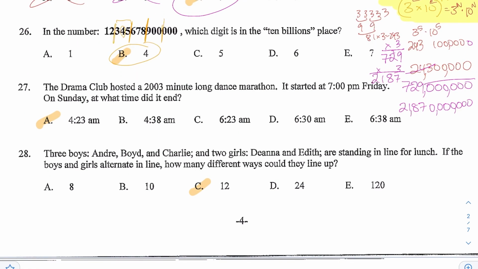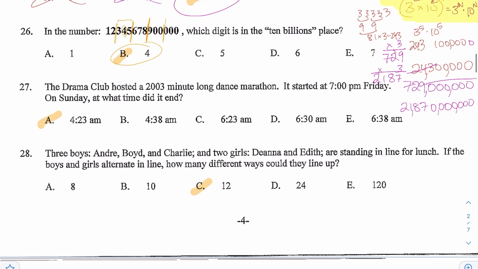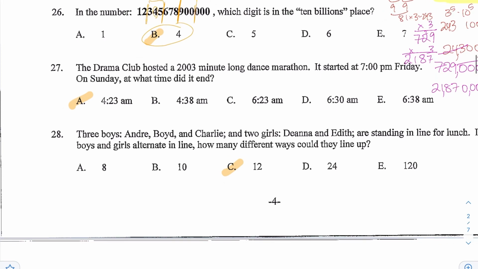All right, next for number 27, the drama club hosted a 2003-minute-long dance marathon. It started at 7 o'clock Friday. On Sunday, at what time did it end? All right, so here you want to figure out the timing. You know that 60 minutes is equal to 1 hour. And you have 24 hours is equal to 1 day.